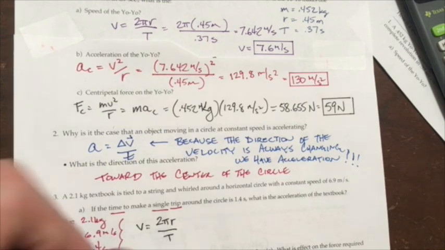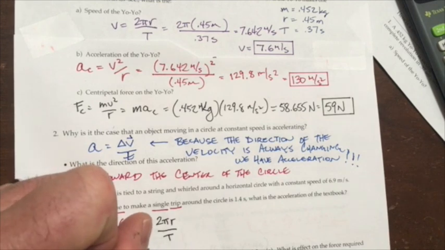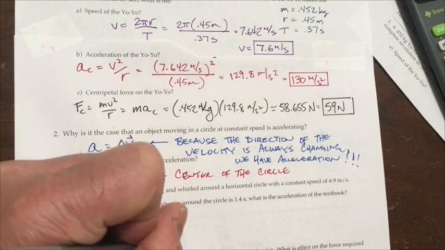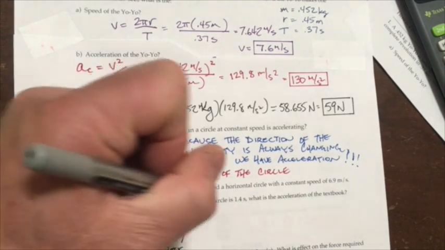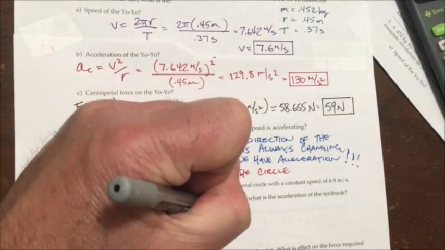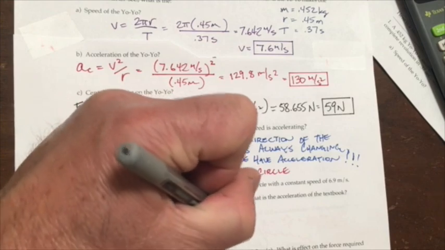So let's rearrange this real quick. I'm going to multiply both sides by T. We get v times T equals 2 pi r, and now dividing both sides by 2 pi gives us r equals vT over 2 pi.